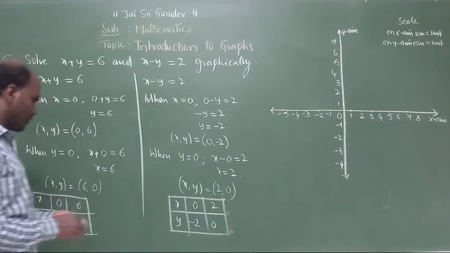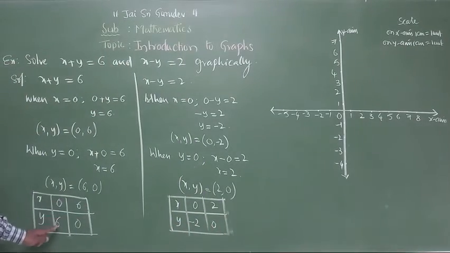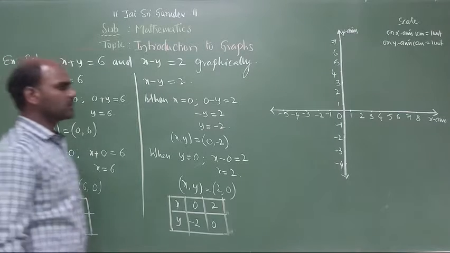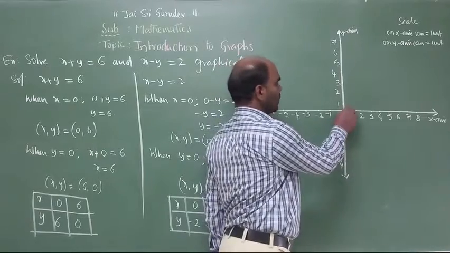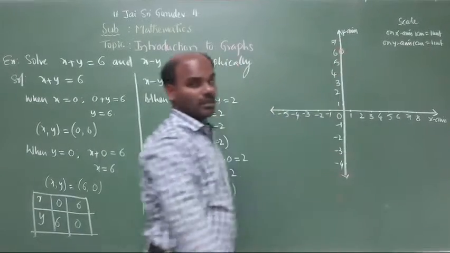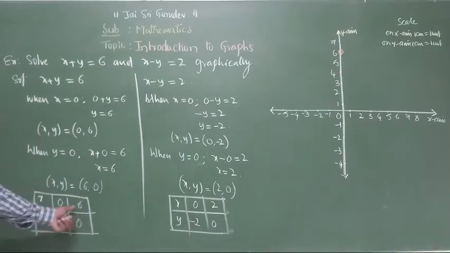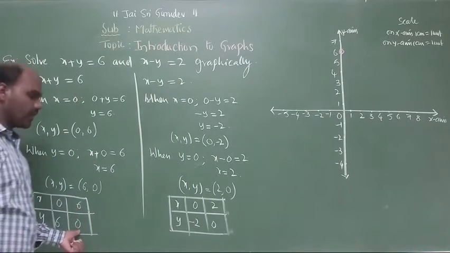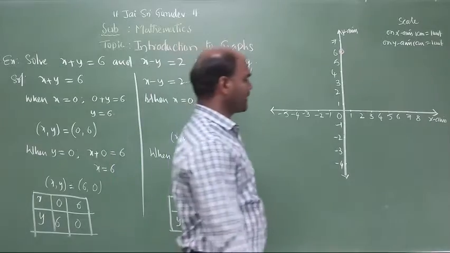Now see, children, the first one is 0, 6. Okay, x axis value 0, y axis value 6. And the second one is x axis value 6 and y axis value 0. So 6 comma 0.